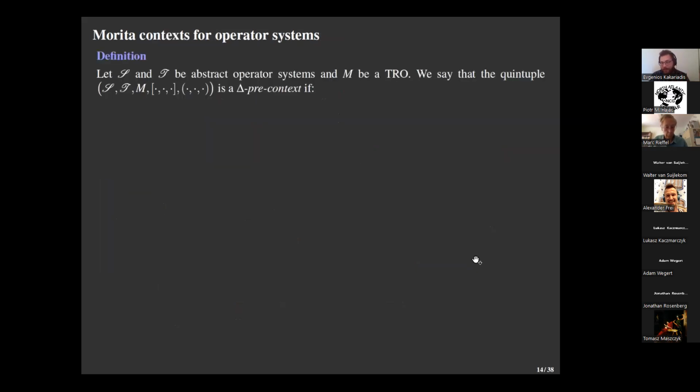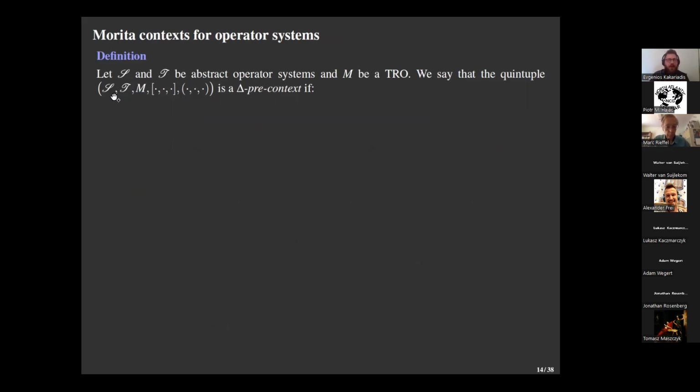Okay, the abstract characterization of Morita equivalence requires the existence of trilinear maps, because I had things like M star S M. So I want to abstract this through trilinear maps.